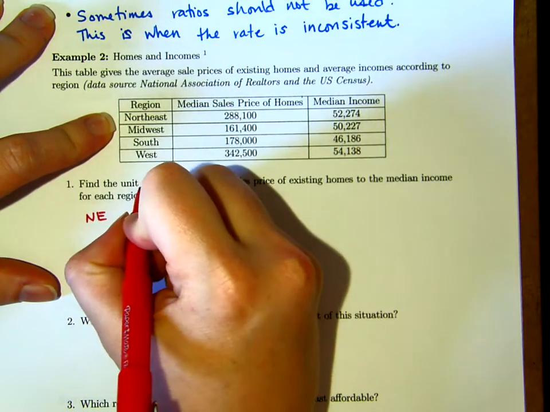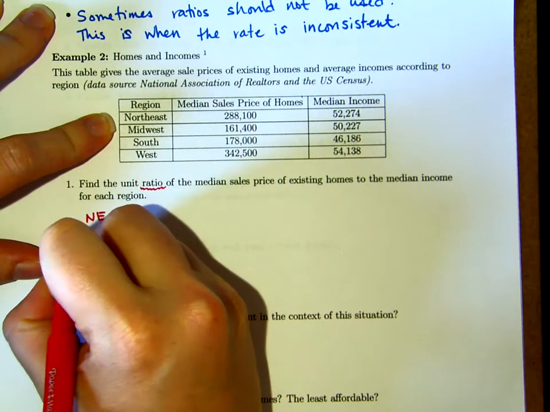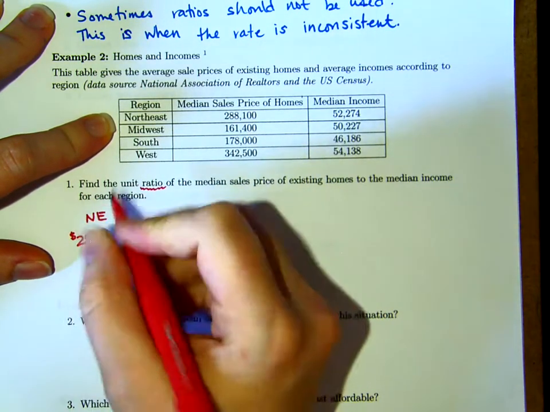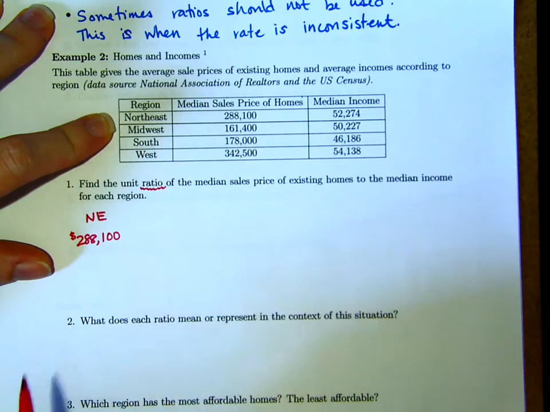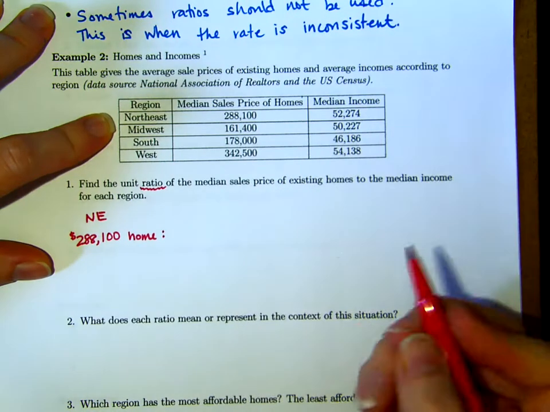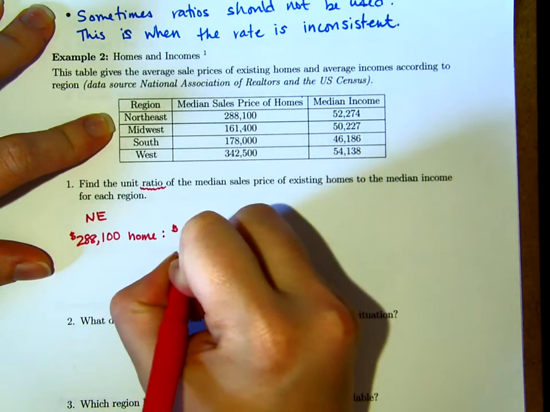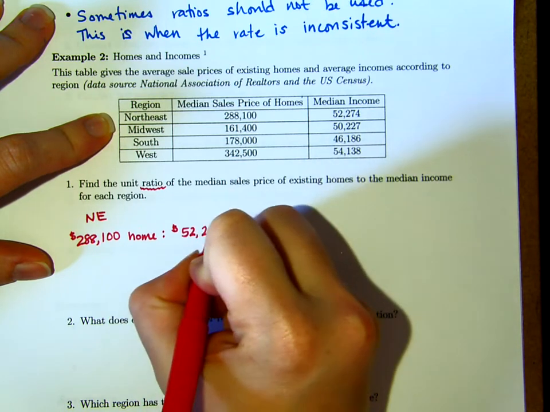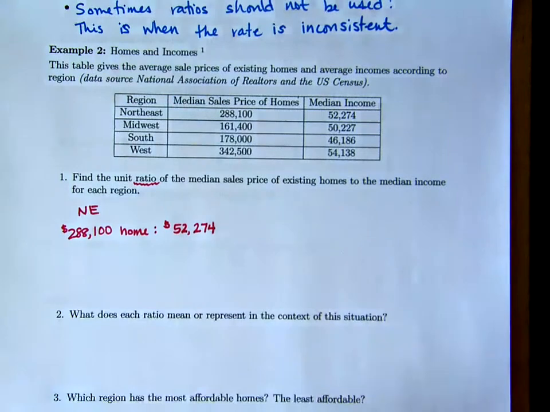So first, I'm going to write the ratio. $288,100 for the home to a median income of $52,274 per year.